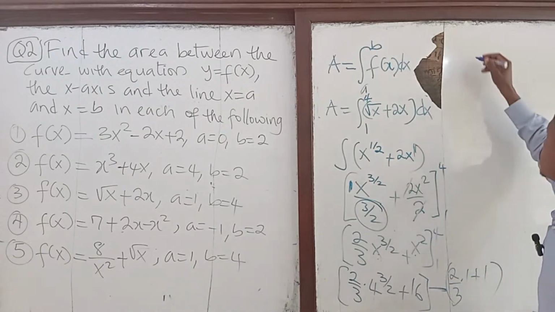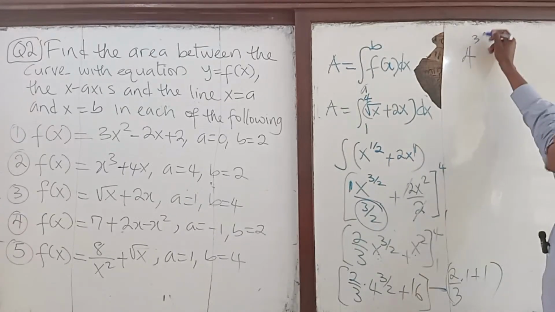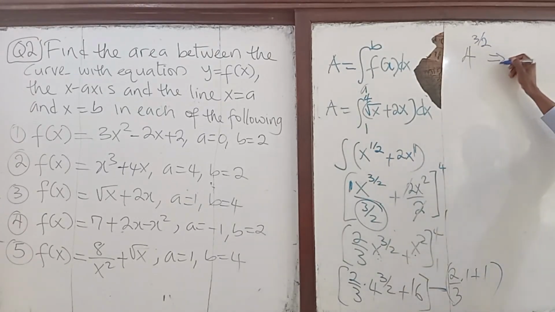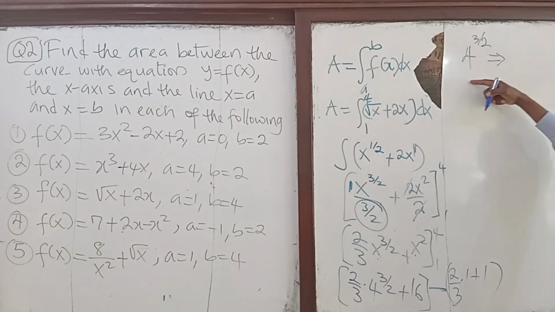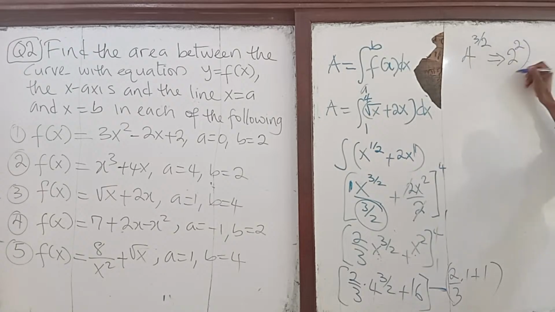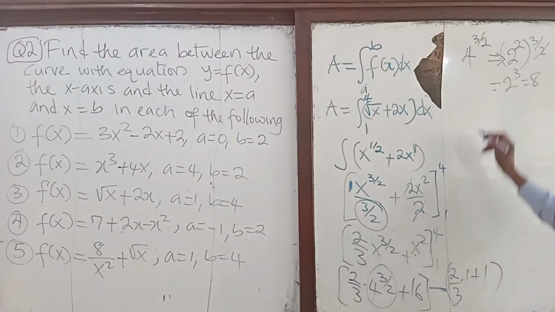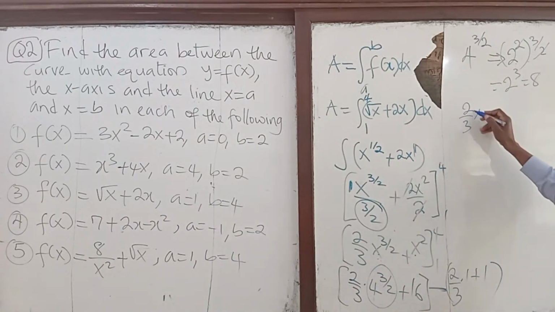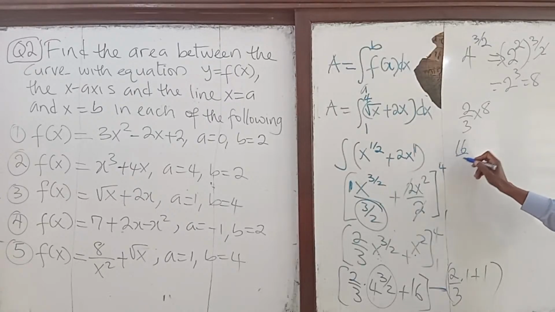Let's solve this one. 4 exponent 3 over 2. 4 is 2 to the power 2. Okay, 3 over 2, the 2s cancel, so that will give us 2 to the power 3, and that's 8. So this one is 8. So we're having 2 times 8 over 3, that's 16 over 3.